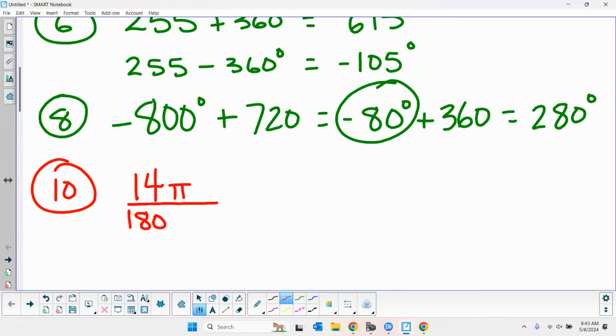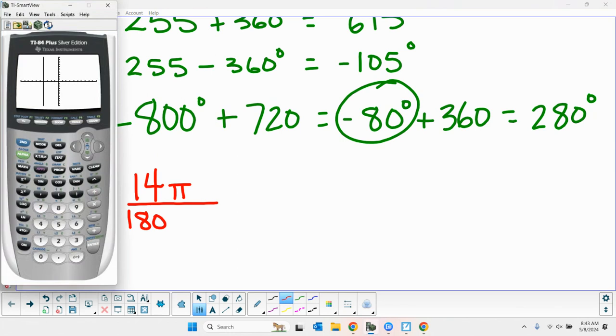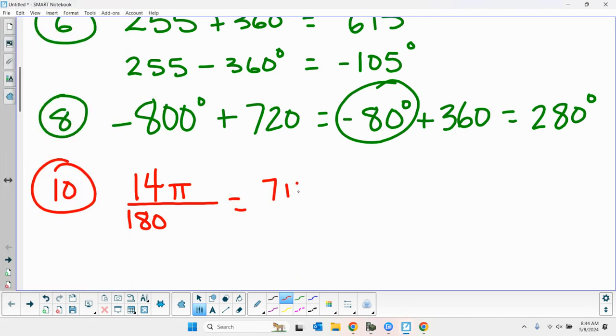And then go to your calculator and reduce that, which would be 7 over 90, right? So 14 divided by 180, hit enter, it's going to be a decimal, hit math, enter twice. So 7 pi over 90, and that's radians, okay?